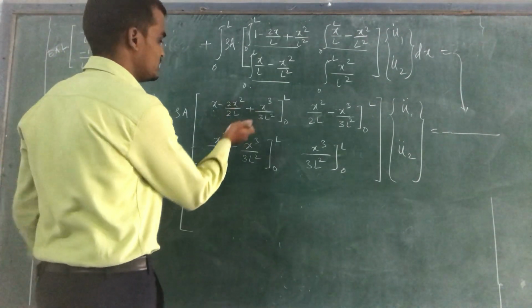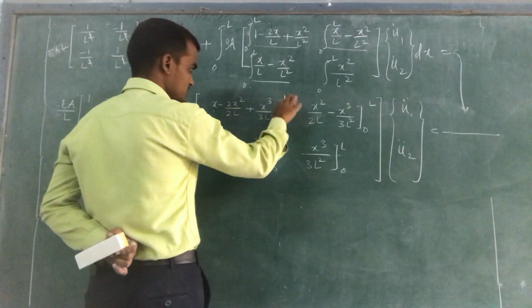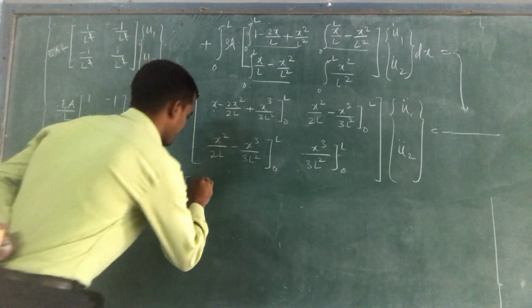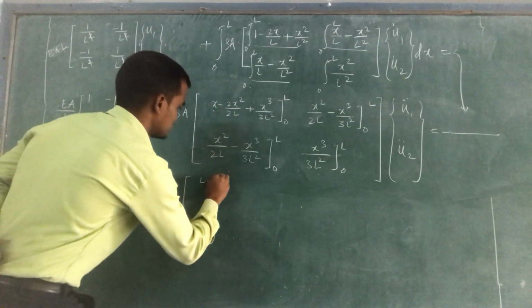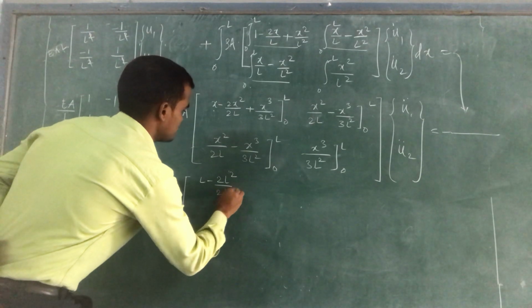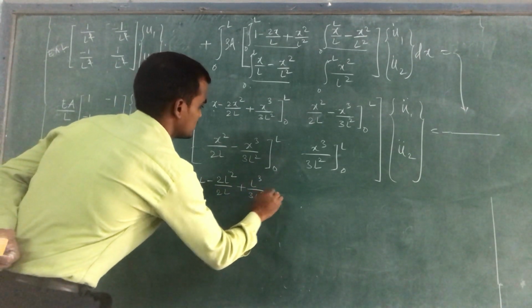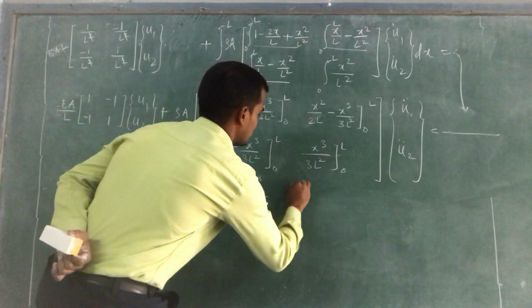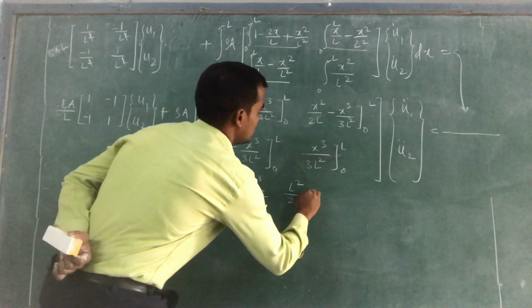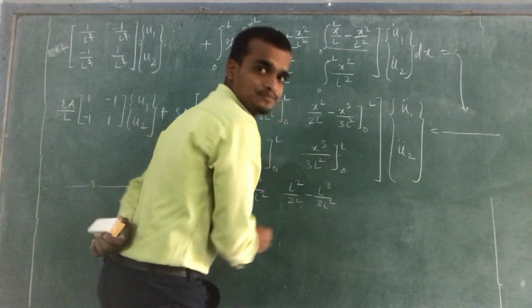Here we have taken integration, so now instead of x we need to put these limits. So L minus 2 times L square by 2 times L plus L cube divided by 3 times L square. Then L square by 2 times L minus L cube by 3 times L square.